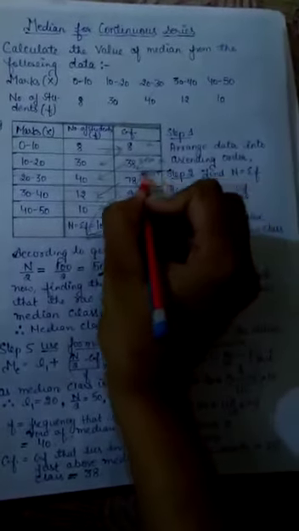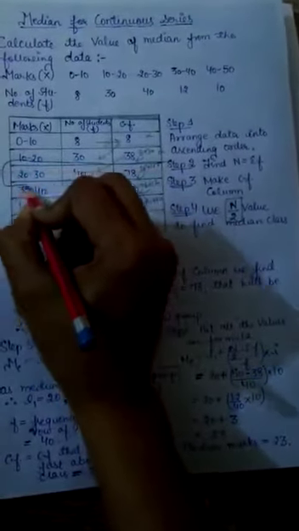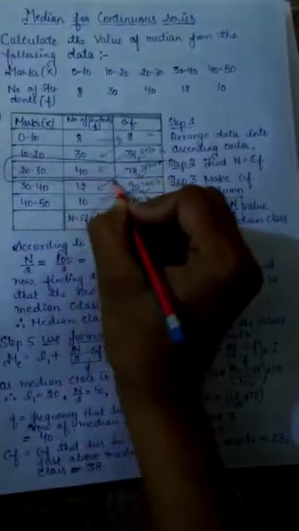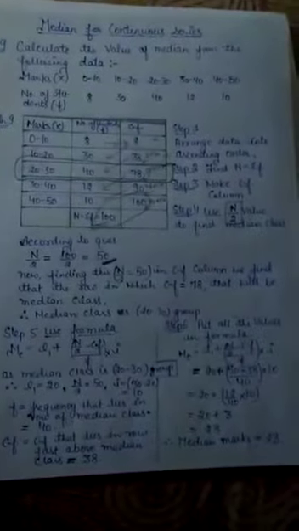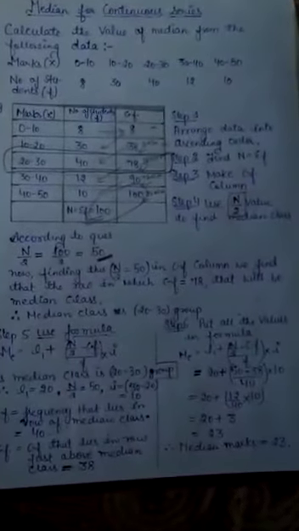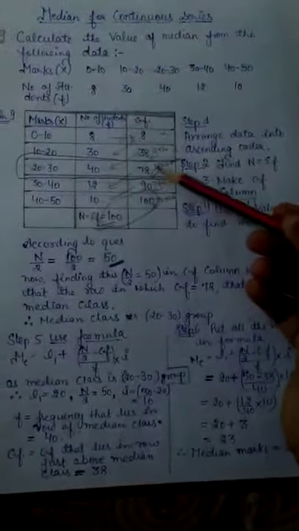In some cases you can get exactly the same also. If you are getting the same, you will choose that. If you are not getting the same, then you have to choose the first cumulative frequency greater than this n by 2. First greater cumulative frequency. This 90 and this 100 are also greater, but you will take the first one.